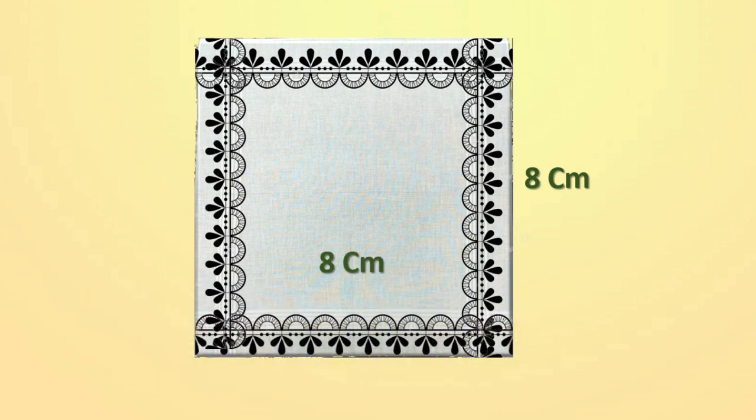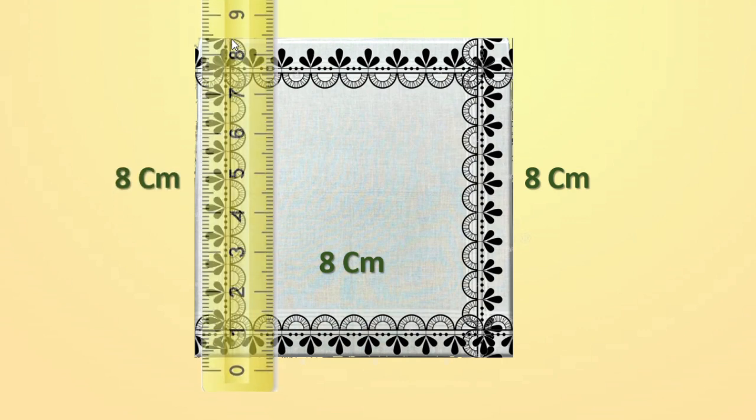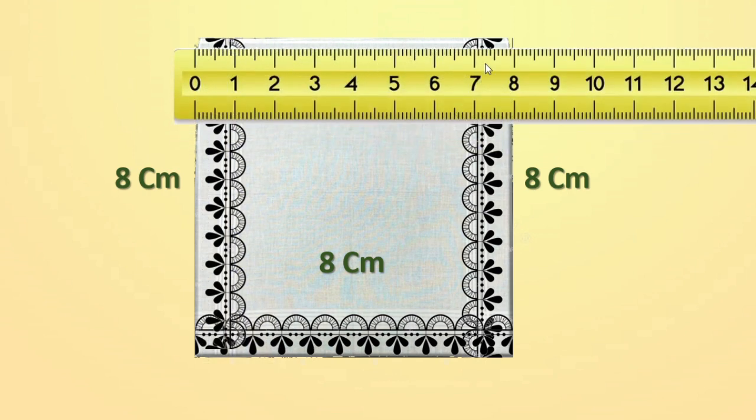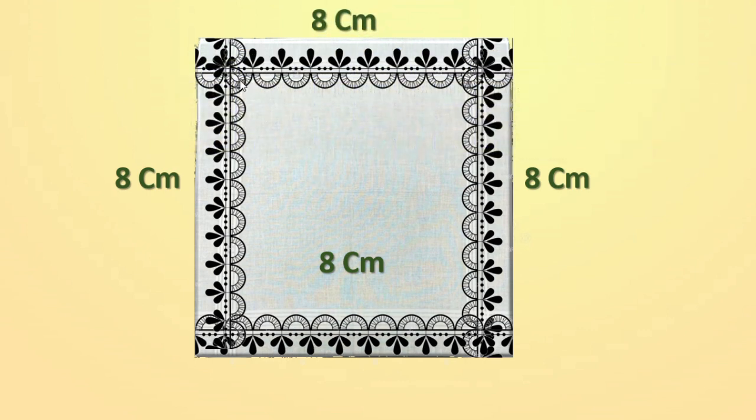Now left hand side, this is 0 to 8, again 8 centimeter. And here on the upside, that is AB, that also is 8 centimeter. Yes, dear children, you know that the sum of the lengths of all four sides is nothing but the perimeter of this handkerchief, isn't it?